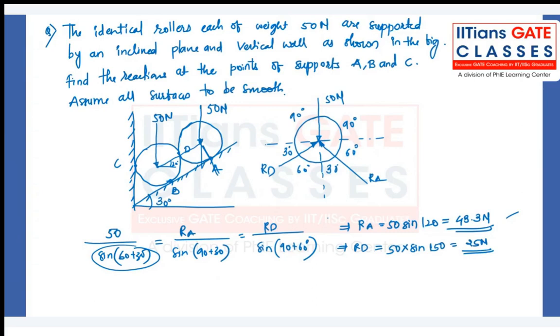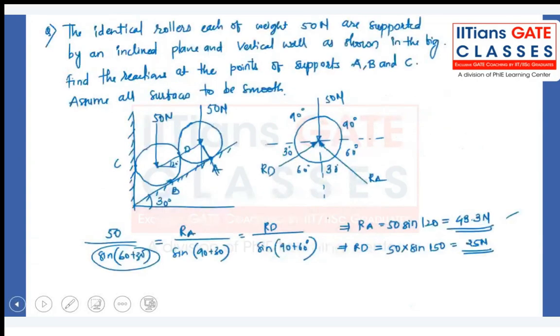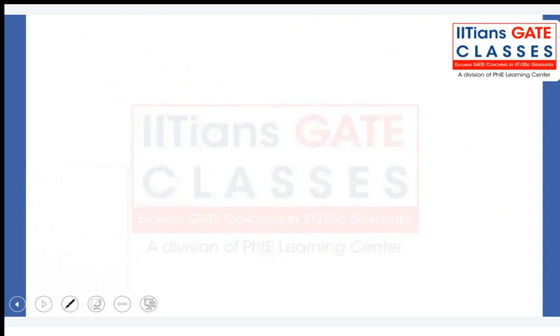Here you should be able to easily tell at what angle RD and RA will come, at what angle RB and RD will come. Just by looking at the figure, you should be able to directly draw it and then solve it easily. It comes with solving problems, otherwise it will take some time. So keep practicing.